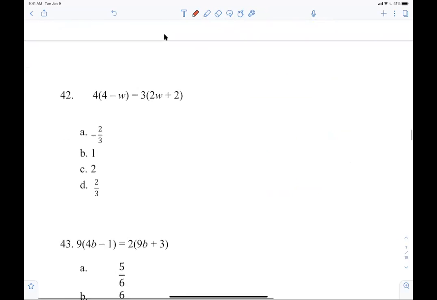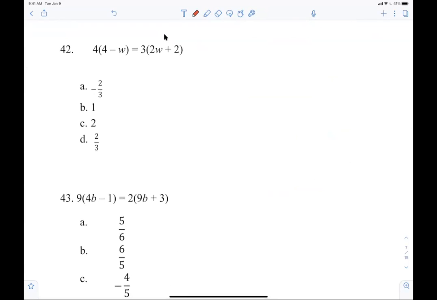All right, so no solution for 41. All right, guys. Let's do 42 now. All right, what do I want to do here? All right, and so I get, and then distribute again.